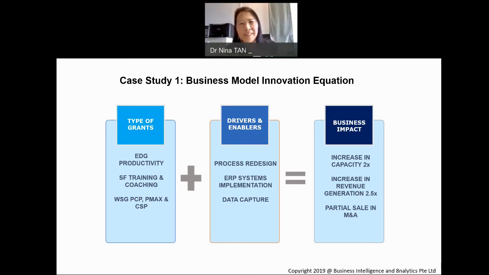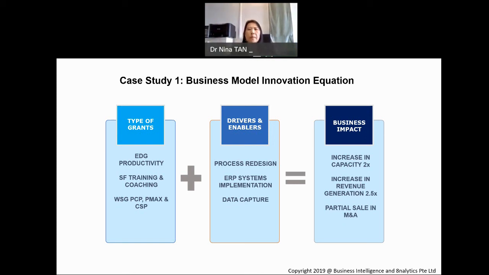Finally, most importantly, the impact was that they increased the capacity 2 times. Even if you were to increase the number of resources, at least now you know that whatever you increase by 1 headcount, by 1 truck, you know how to increase the capacity usage by 2 times, which, because of economies of scale, leads to an increase in revenue generation by 2 times, 2.5 times.